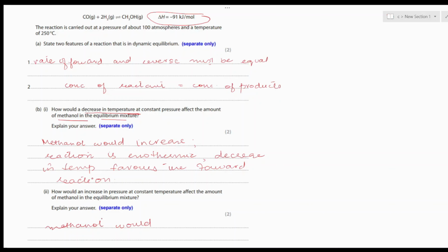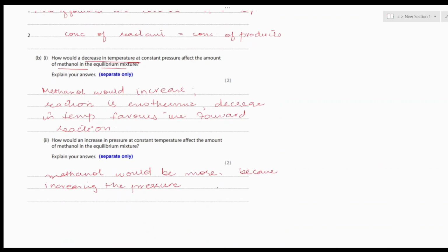Would methanol be more or less? More. Increasing the pressure moves the reaction towards lesser moles.